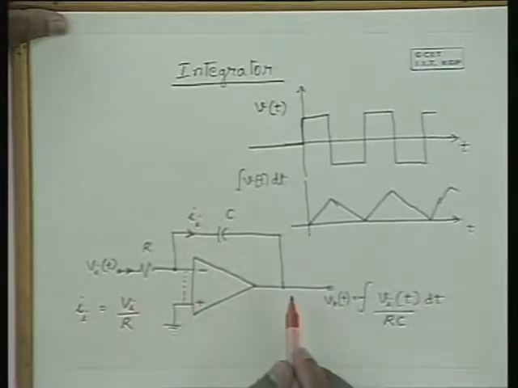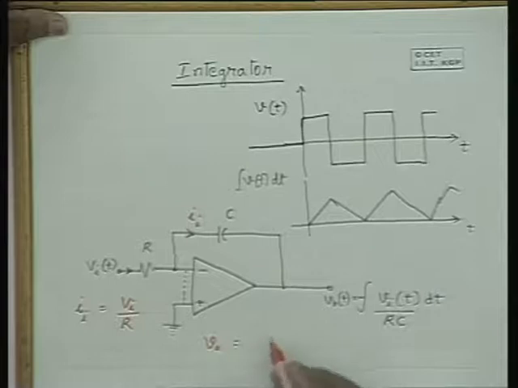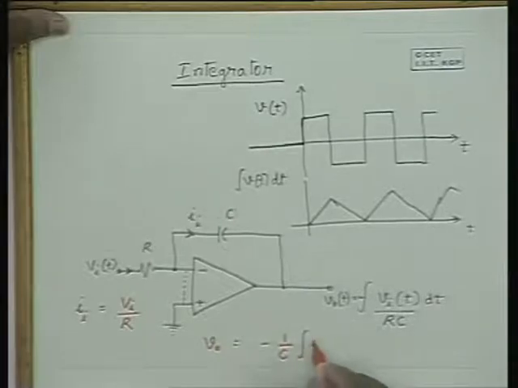Hence, V0 is equal to minus 1 by C integral Ii dt, because the voltage drop across a capacitor is equal to 1 by C times the integral of the current that is flowing through it, dt.